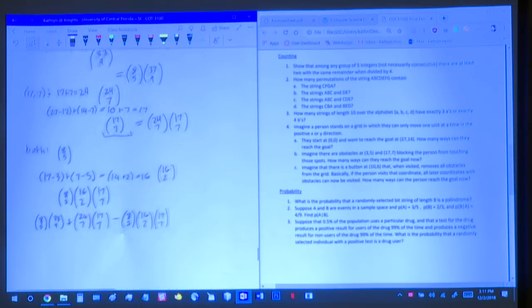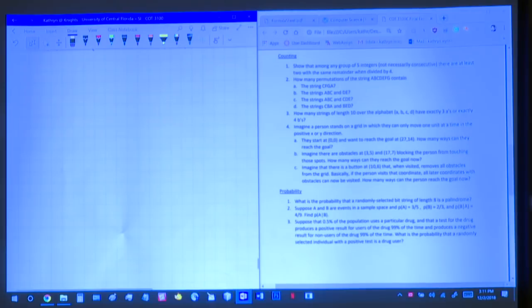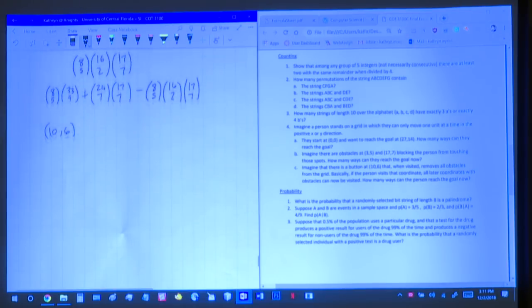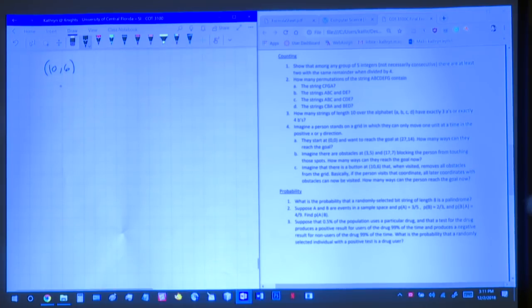Part C is now there's a space at 10,6 where if the person visits that space, they can go to any other space afterwards. So that one gets really messy if I use the colors, so I won't.